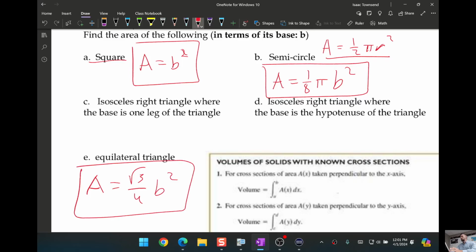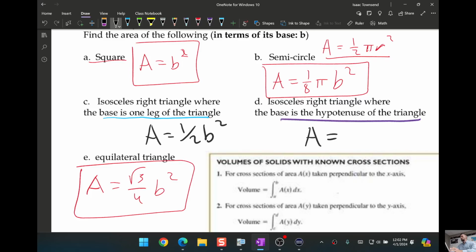And then these two always kind of trip me up because I don't get to use them outside of this one lesson. Isosceles right triangles, but if the base is the leg versus if the base is the hypotenuse, they're both pretty similar, but they're not the exact same thing. This one is 1/2 base squared if it's just the leg, and if it's the hypotenuse, it's 1/4 base squared.